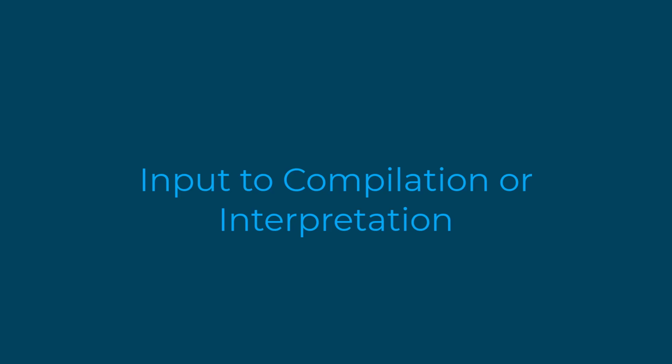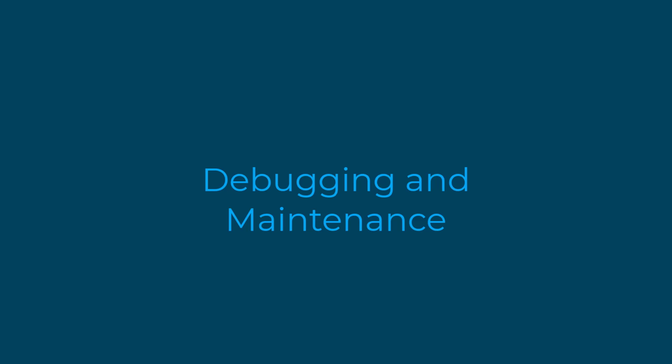Now we'll talk about the last point, source code debugging and maintenance. Developers use the source code to identify and fix errors. Errors means bugs in a program during the debugging process. It also serves as the basis for maintenance and updates of the software.